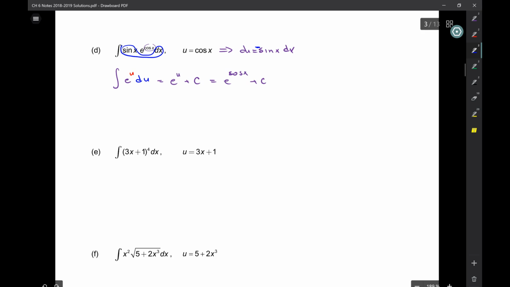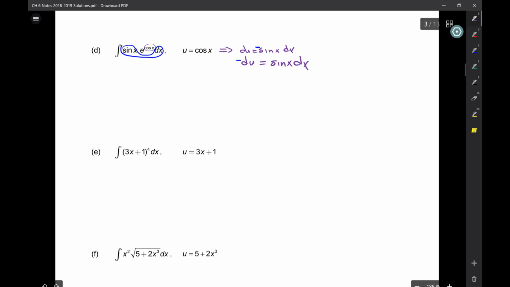Okay, so now where does that leave us? I'm going to erase this for a minute. Well, it's not that wrong. Don't erase it, but I'm just going to start over. So now sine of x dx is what? Sine of x dx is negative du. Negative du is sine of x dx.